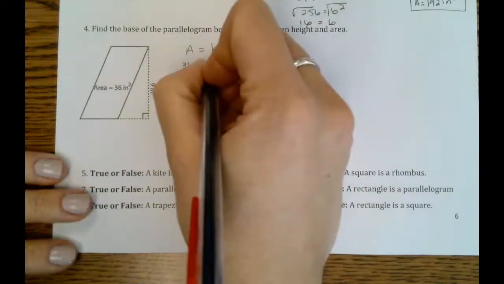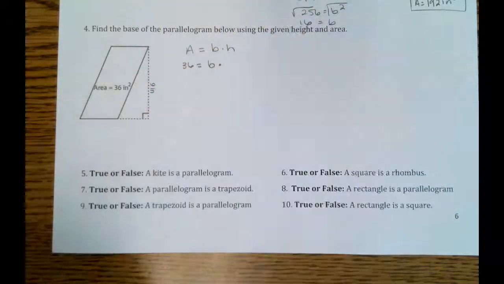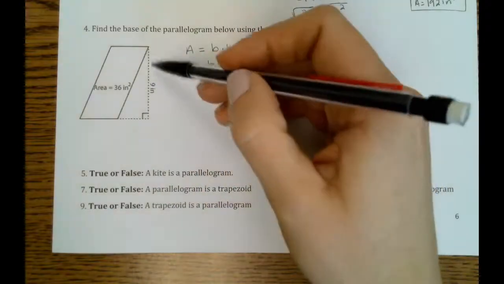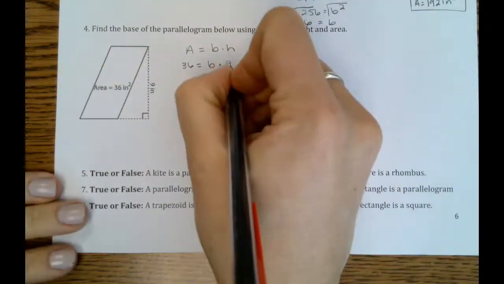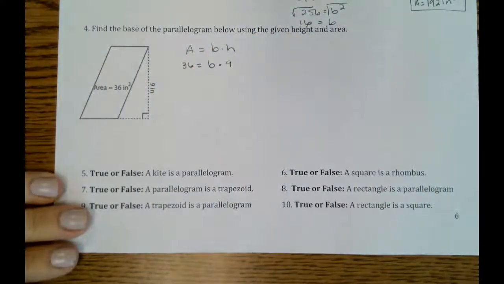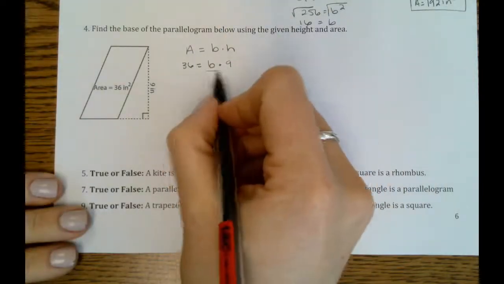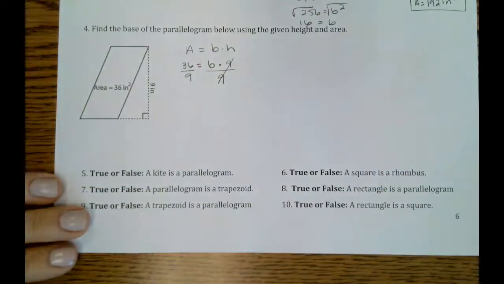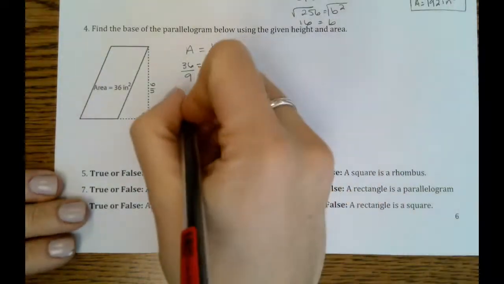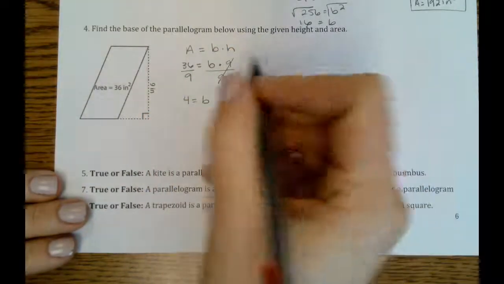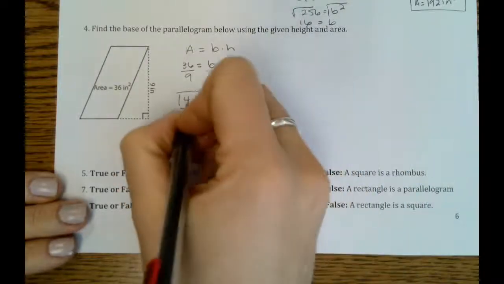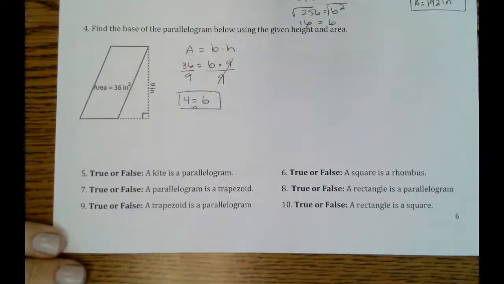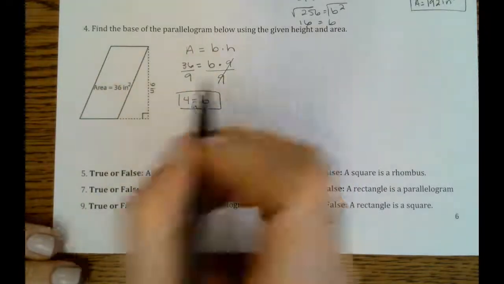We need to find the base, so we'll leave B as the base, and then our height here is 9. So we'll fill in 9 for H. To get B by itself, we're going to divide out that 9. So 36 divided by 9 is 4. That means our base is 4, and we could put inches in there so that we note that it is 4 inches.